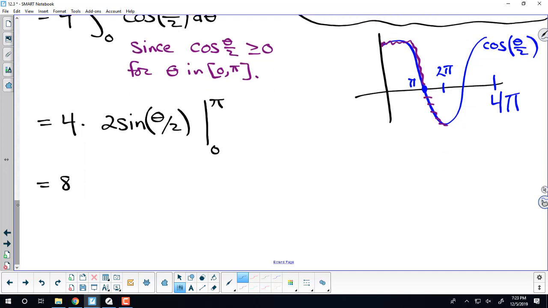So this one wasn't too bad, but some of these can get really terrible because you've got the function squared and its derivative squared underneath the square root.